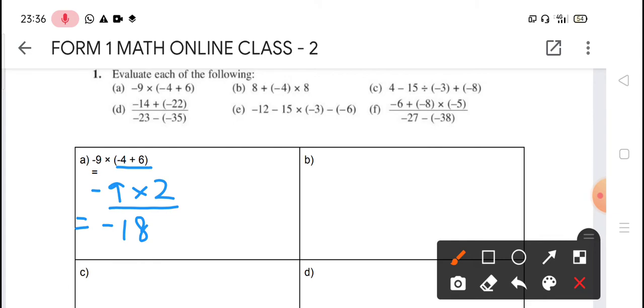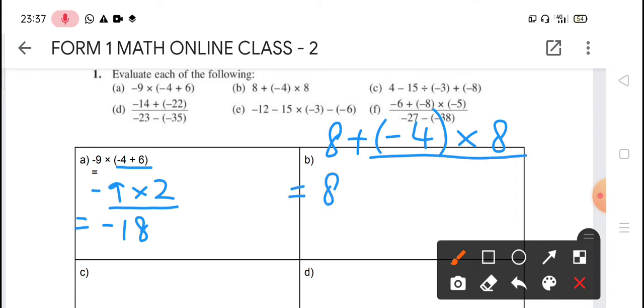Next, we do B. 8 add with negative 4 multiply 8. Okay, so by here, there is no operation in bracket. 没有任何的运算是在括号里面的，所以我们就排除掉括号的。排除了括号呢，我们就要做乘除。We'll continue with multiplication or division. So we write 8 first.